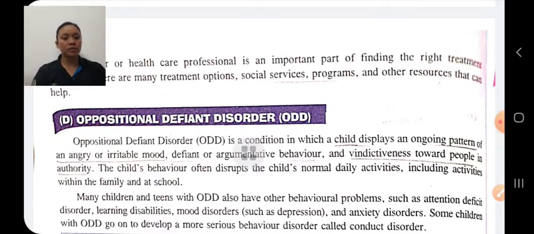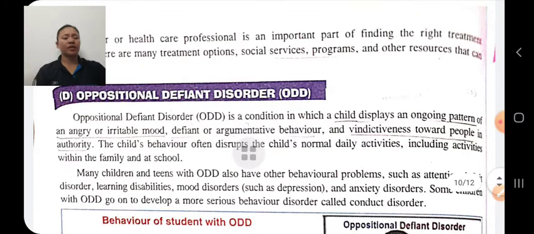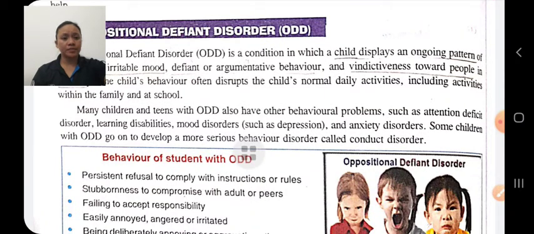Oppositional defiant disorder is mainly seen in children. In this, there is an ongoing pattern of anger, irritation, fighting, blaming others, frequent frustration, and failure to think before speaking. He speaks without thinking and feels annoyed.